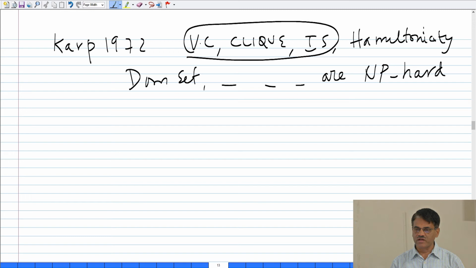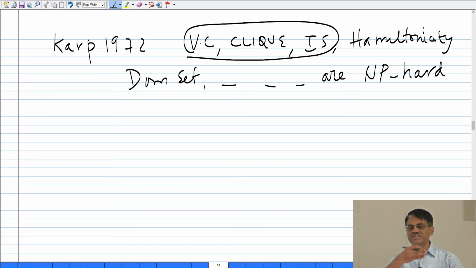What do I show? Satisfiability reduces to this. Because Cook has done the hard work of reducing every problem to satisfiability. I will show that satisfiability reduces to my problem, and that means that if this has a polynomial time algorithm, SAT will have a polynomial time algorithm. If SAT has a polynomial time algorithm, every problem in NP has a polynomial time algorithm.